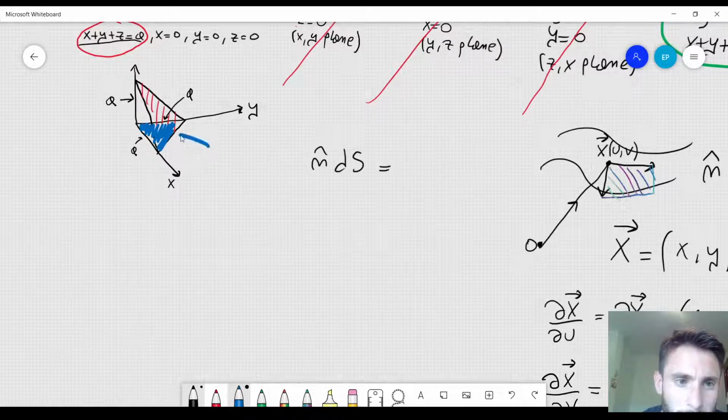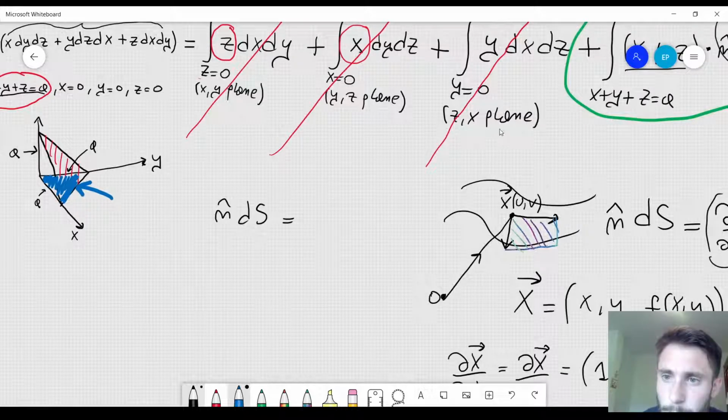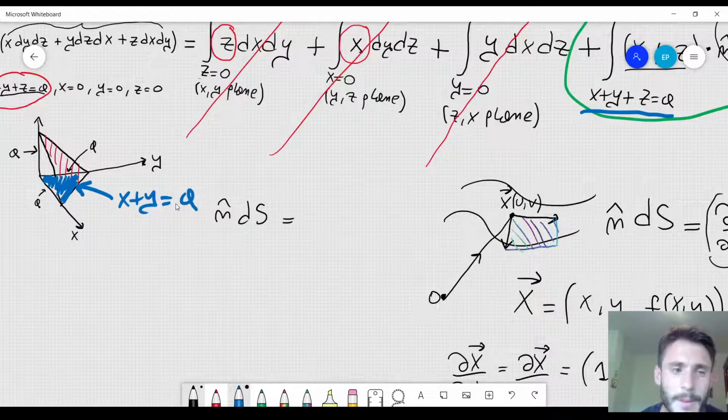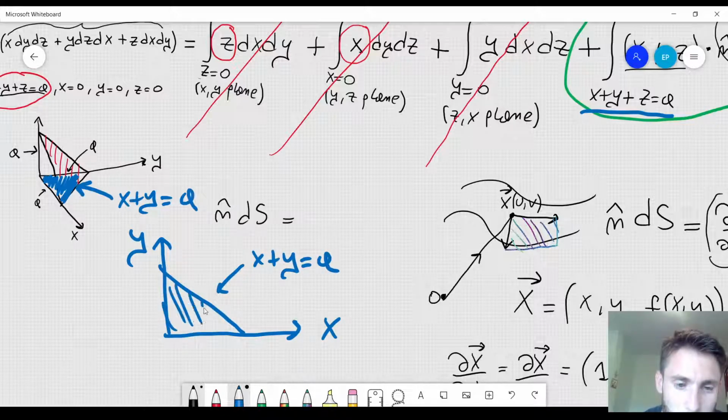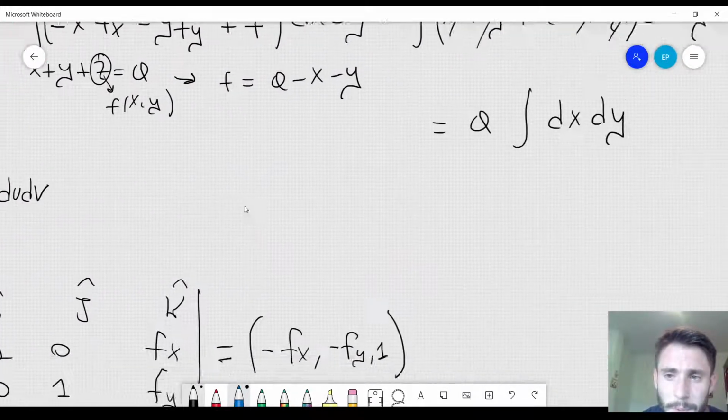This curve in particular is just given by the equation of the plane where I set z equal to 0. So this is just equal to x plus y equal to a. So if I take a look at that from above, I see something like this, x, y, then here I have the line x plus y equal to a, and I have to integrate over this area. And it is a double integral, so it's quite simple.